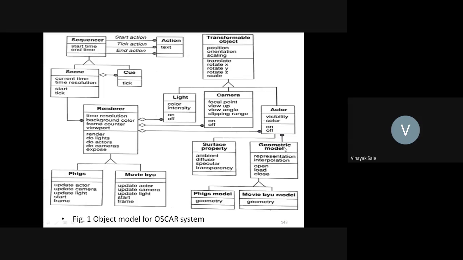Geometric models are again divided in two parts, fixed model and movie-by model. They have geometry and geometry. This is the general figure of the object model for the Oscar system. See the figure carefully.